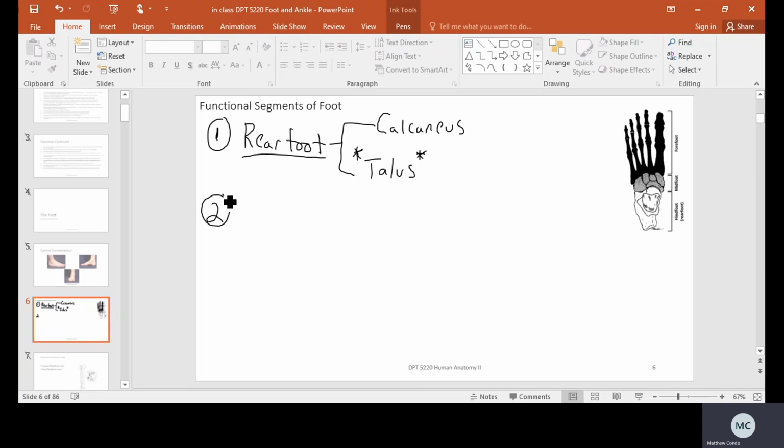The second section is going to be my midfoot. Now my midfoot is going to have 3 different bones or bone types in that section. One is going to be my navicular. I'm also going to have a bone called the cuboid.